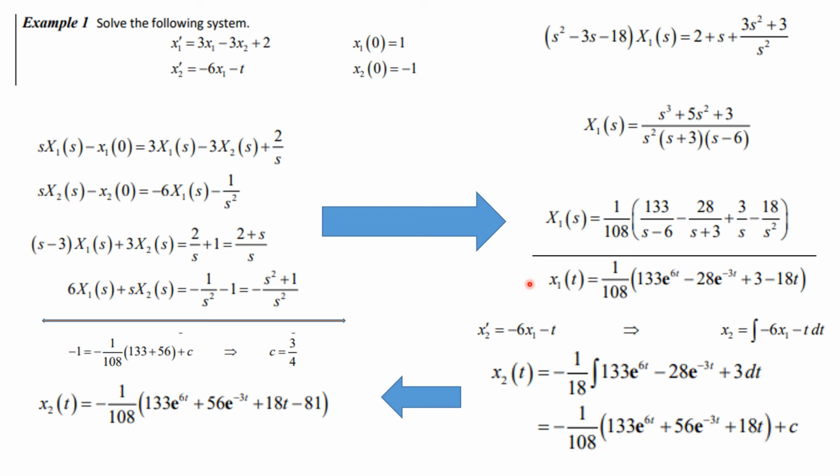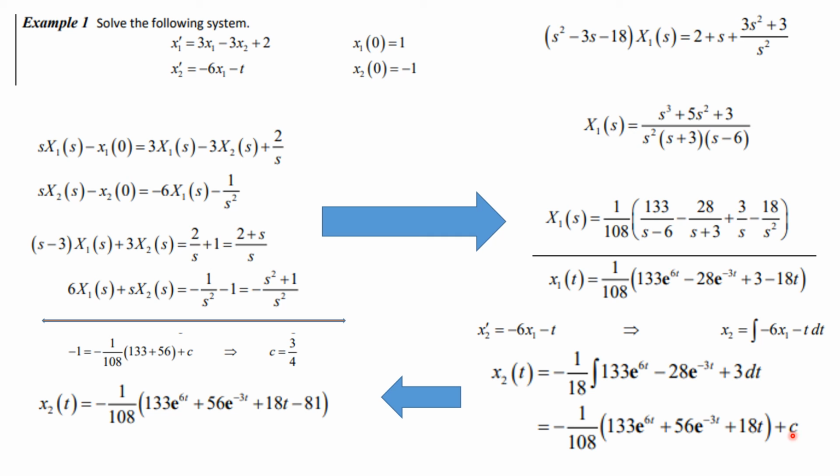We can go back to the original equation, but the easiest way to do this particular example is to observe that our second equation was that x2 prime is equal to minus 6 x1 minus t, and so I can just integrate. When I integrate that, I'm plugging in what x1 is and doing the integral. And so I get x2 is equal to this, and I have a constant of integration here.